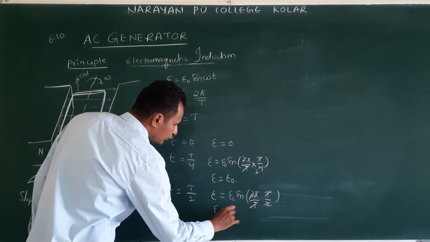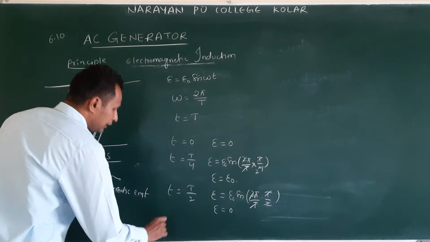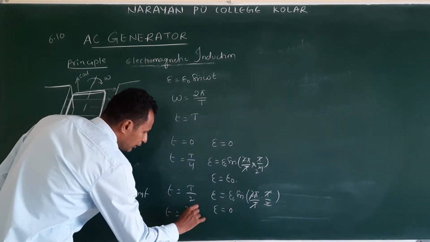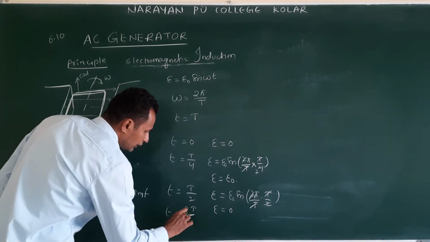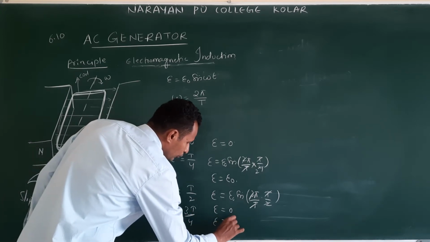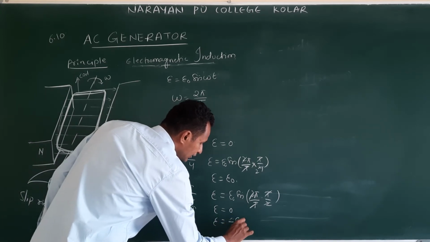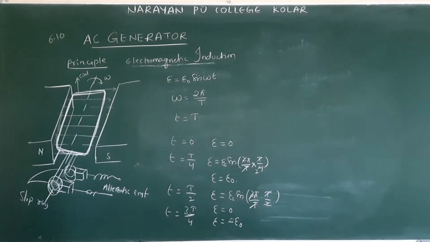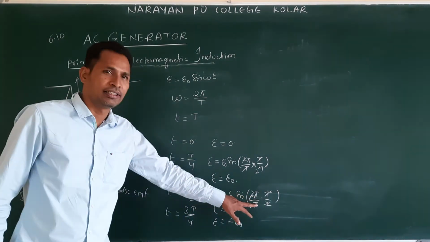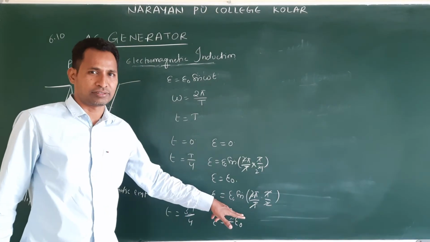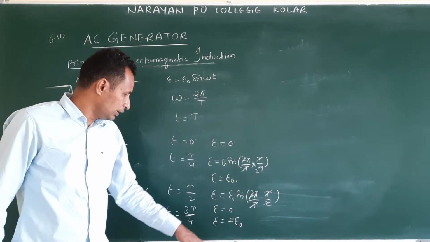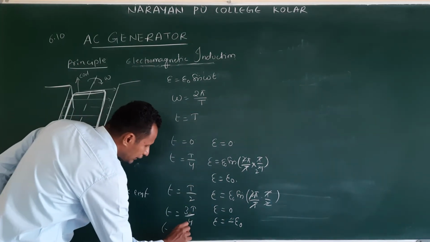Then E is equal to 0. Then t is equal to 3T by 4. In this case you will get minus E naught. We will get 270 here. Sin 270 is minus 1. Clear?